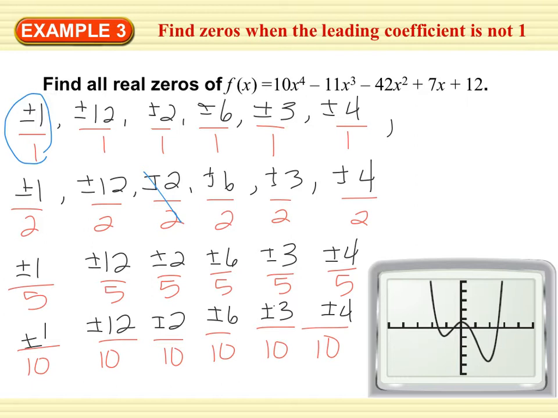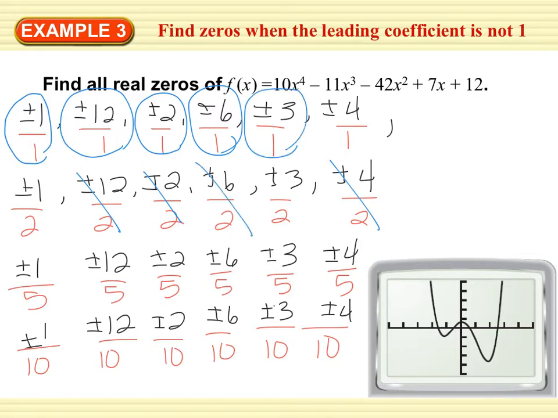Cool, we have a 12, a 2 over 1, which is the same as that one, and I think that's it. A 6 over 1, which is the same as 12 over 2. A 3 over 1, which is the same as 6 over 2 and 10 over 5.